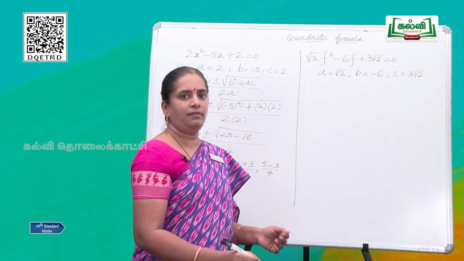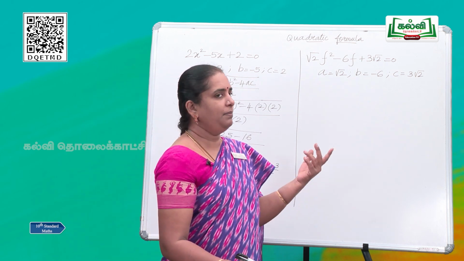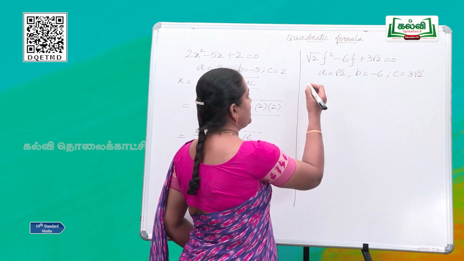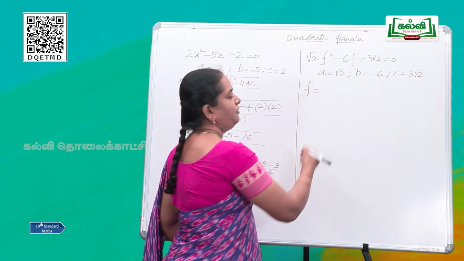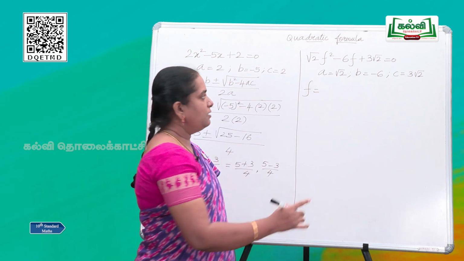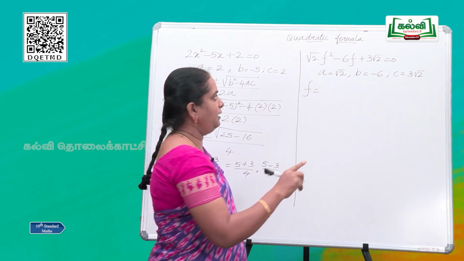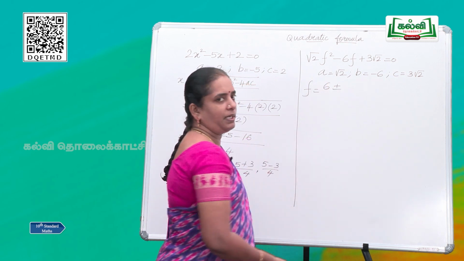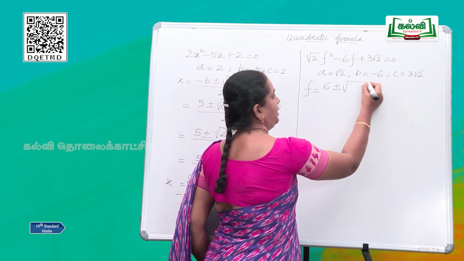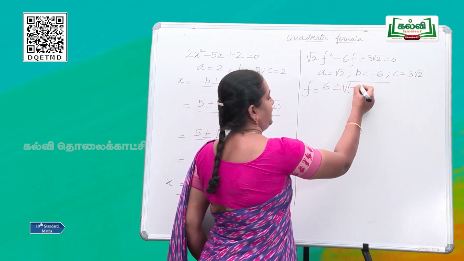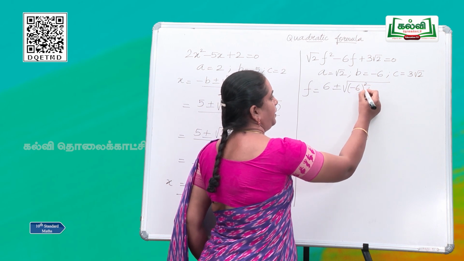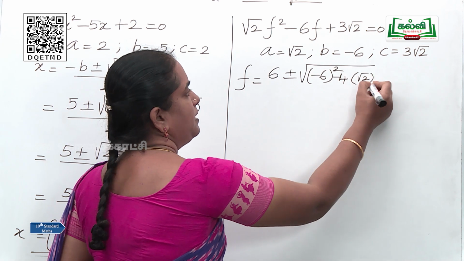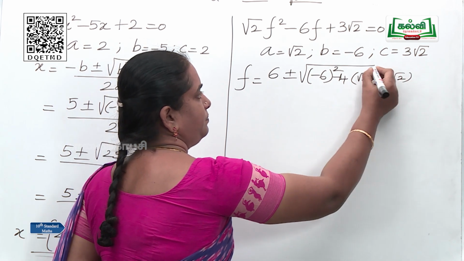Now, we have another equation in f. So, it may be any variable, x or f or t or m. We are going to proceed with the same thing, but here we have to write f is equal to. So, we are using the formula minus b. So, b is minus 6. So, minus of minus 6 is plus 6, plus or minus, you say the formula, very good, root of b square, minus 6 the whole square, minus 4 a is root 2, c is 3 root 2.